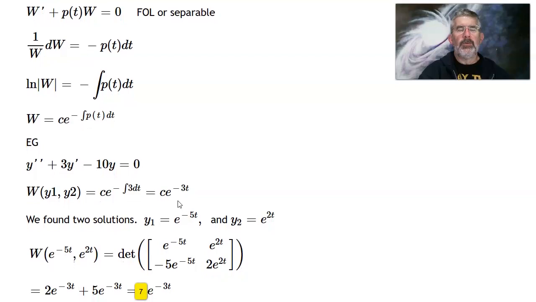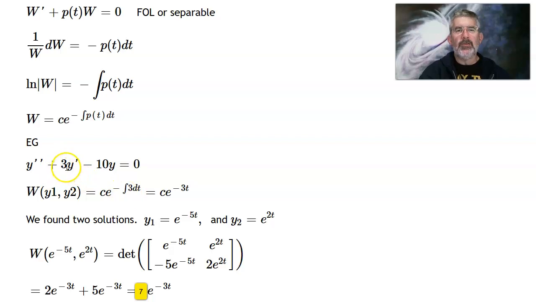Let's take a look at a couple of examples. One example: this equation right here we solved in a previous video. Abel's Theorem here tells us that the Wronskian of any two solutions would be a constant times e to the minus integral of 3 dt.